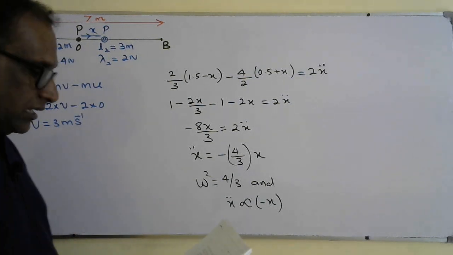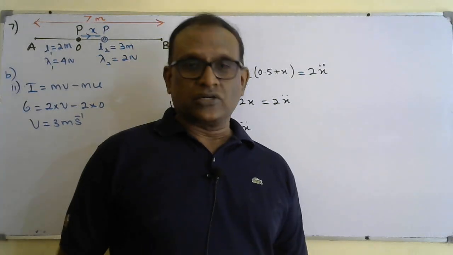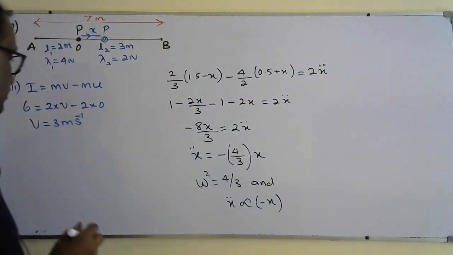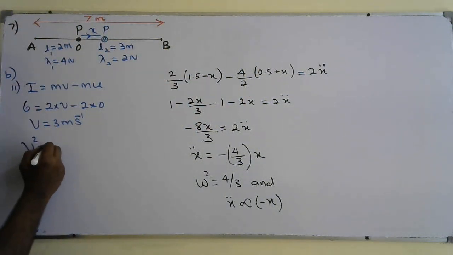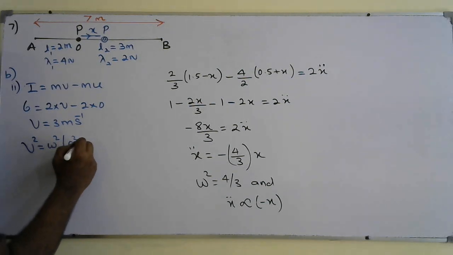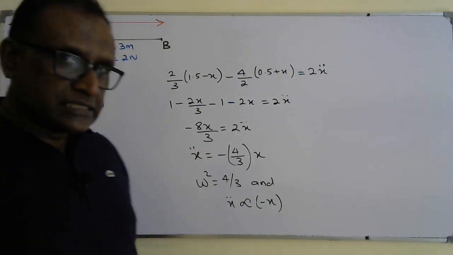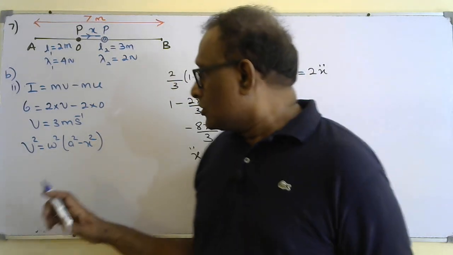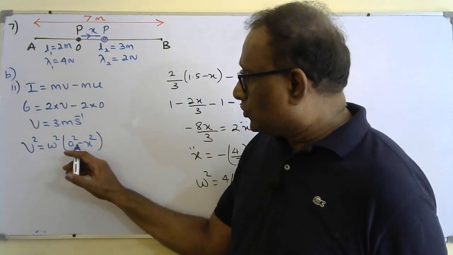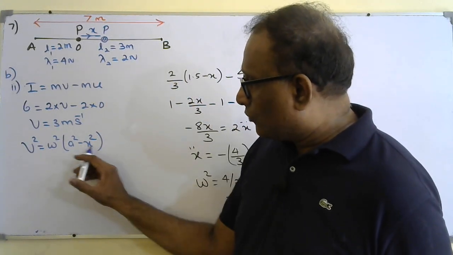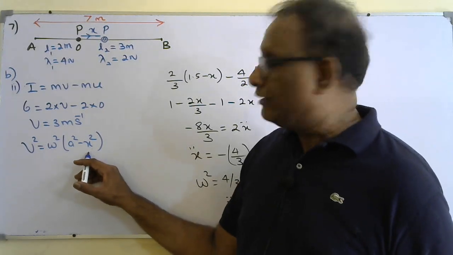The question is to determine the amplitude of the oscillation. So we know the equation v squared equals omega squared into A squared minus x squared. The x is the displacement, always measured from the equilibrium position. The maximum speed occurs when x equals 0, that is at the equilibrium position.